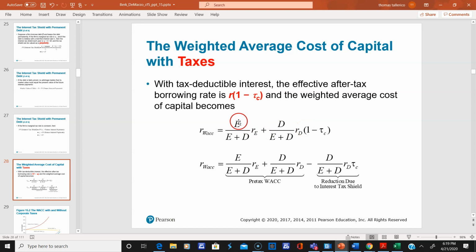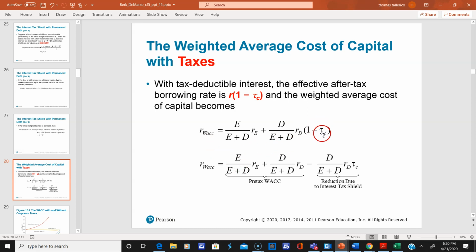So it's the equity over the equity plus the debt times your required return on the equity, plus the debt over the equity plus the debt times the rate on your debt, your required return on your debt, all times one minus the corporate tax rate, because it's all after taxes. So this is your weighted average cost of capital equation with taxes.